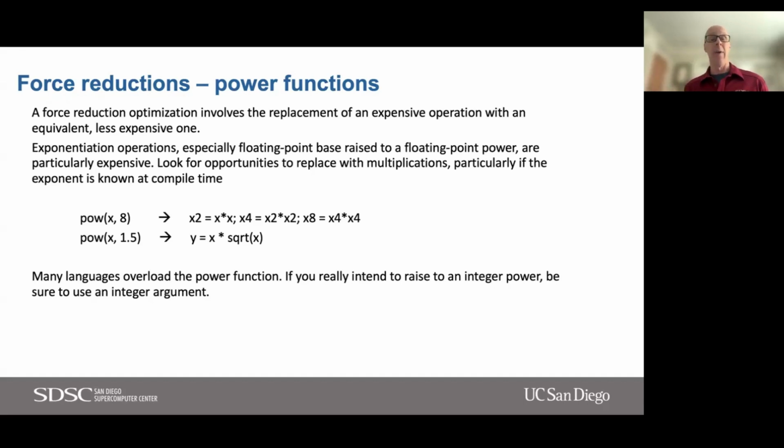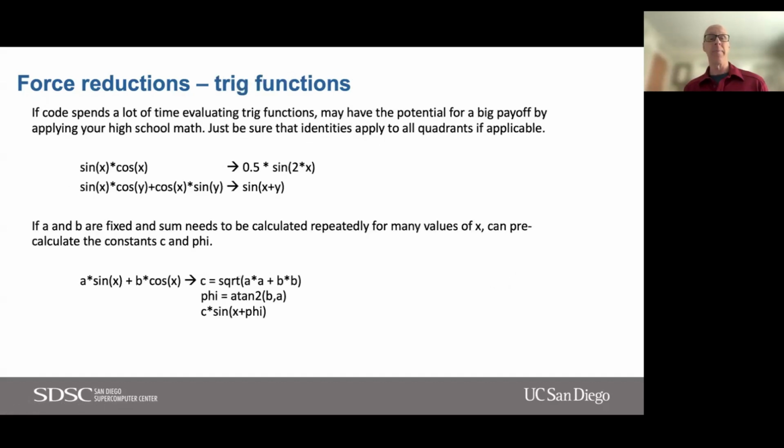Trig functions could be relatively expensive, and exponentiation could be very expensive. So if you have a case where you can replace an exponentiation, say in this case raising x to the 8, with a series of multiplications, that's definitely something that you want to do.